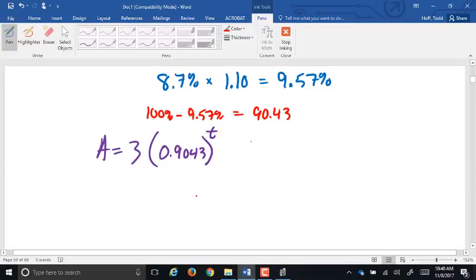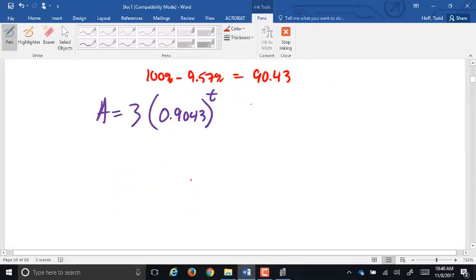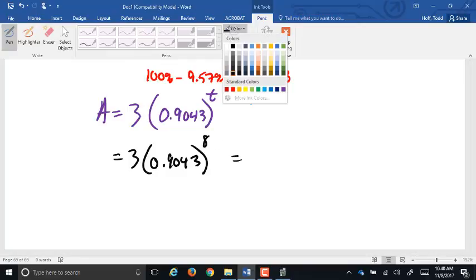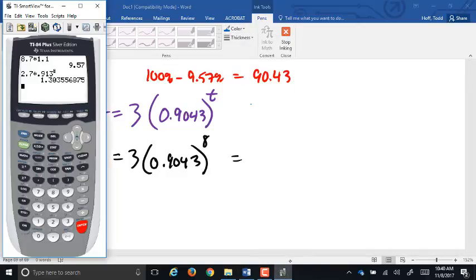Okay, number 3. What is the new estimated value of the funds in 2040? So we're back to using 3 trillion, but it's 0.9043 now. And it's to the power of 8 because it's 2040. So 3 times 0.9043. And I'm hoping Quantway didn't round this funny or anything like that.